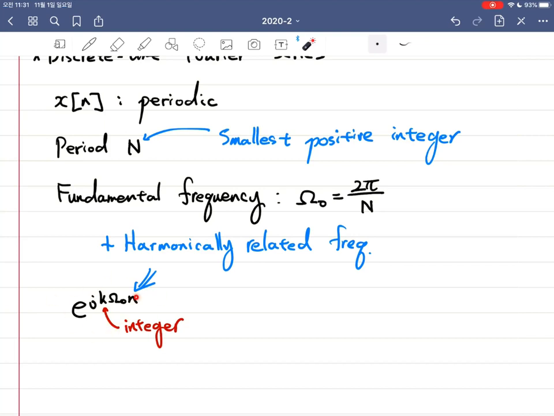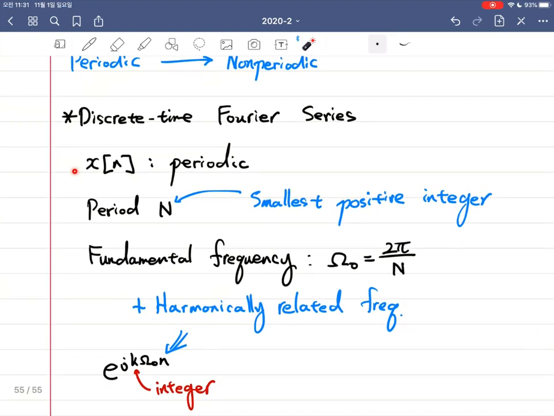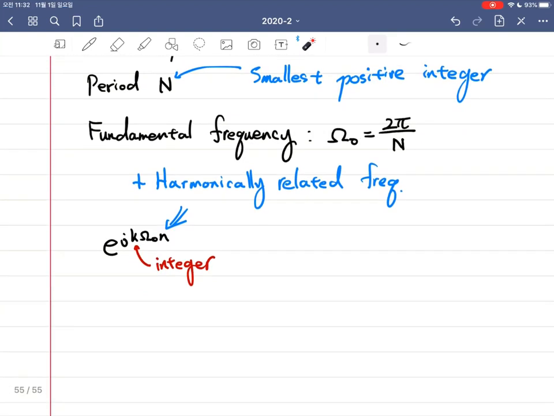So now we can construct this periodic signal x of n by summing these harmonically related exponentials with the appropriate coefficient, as we did in continuous time.